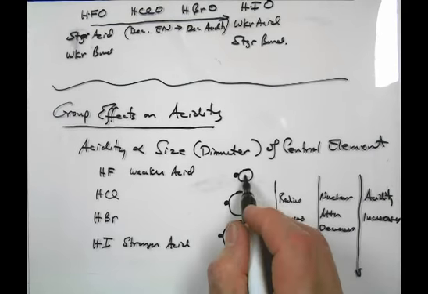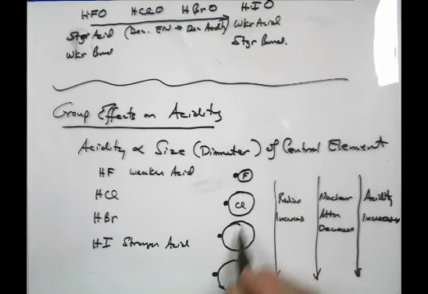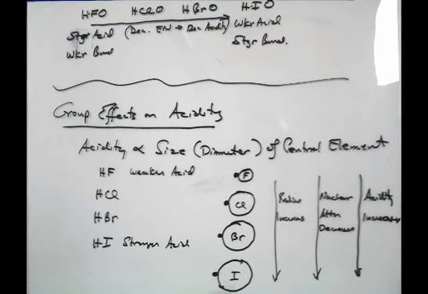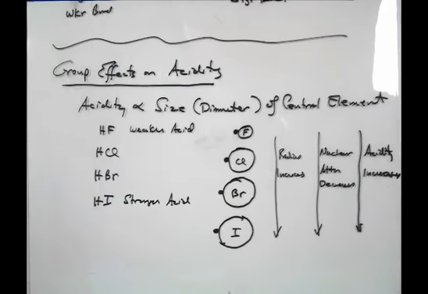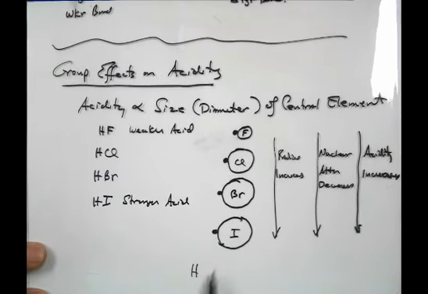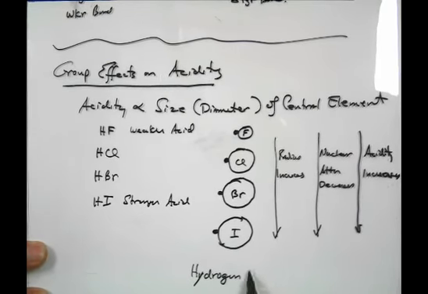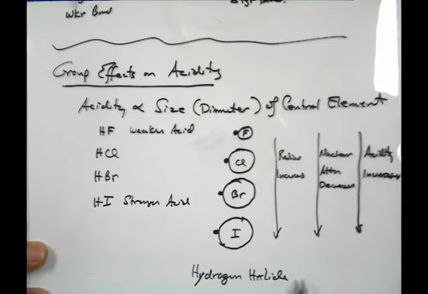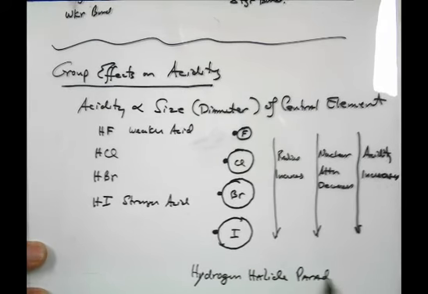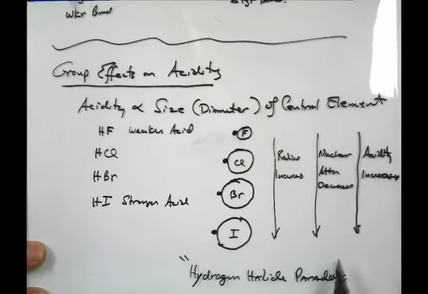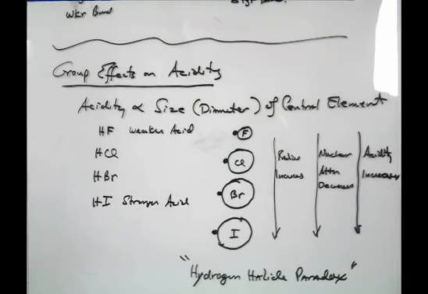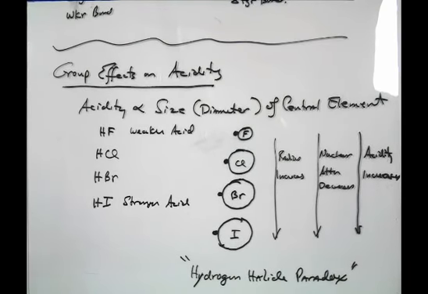And this is only fluoride, chloride, bromide, and iodide. This is called the hydrogen halide paradox. Very classic type issue, but only occurs as a result of size effect.